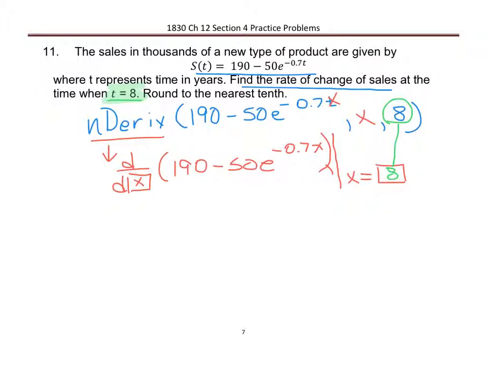which is 0.1294. And it says round to the nearest tenth, which would be 0.1. And then you have to answer the question.